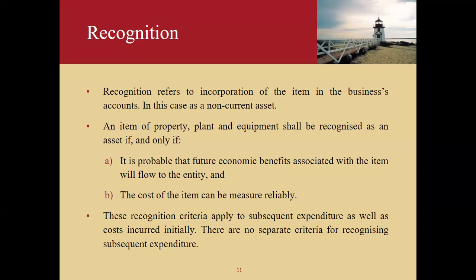Then number two, we must be able to measure the cost reliably. They can give you scenarios where the machine is there, but you can't trace back how it was bought or how it came into existence. So we need certainty of measurement of the cost of that item.